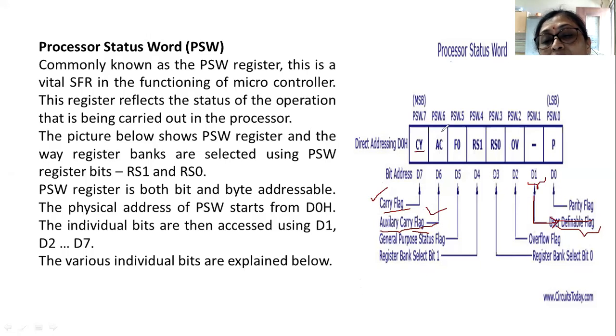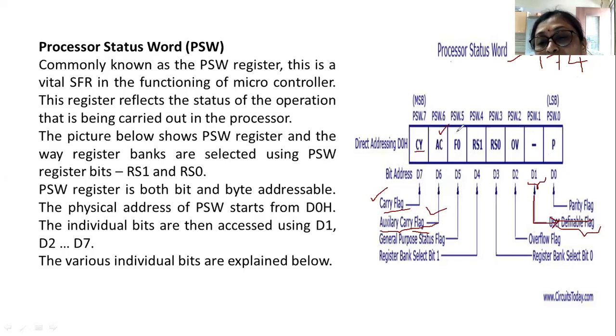This flag is called AC, the auxiliary carry flag. For example, if you are adding 86 plus 88: 6 plus 8 is 14, carry 1; 8 plus 8 is 16, plus 1 is 17. Here the carry is generated from one nibble to the next, and when this happens, the auxiliary carry flag is set to 1, otherwise it remains 0.